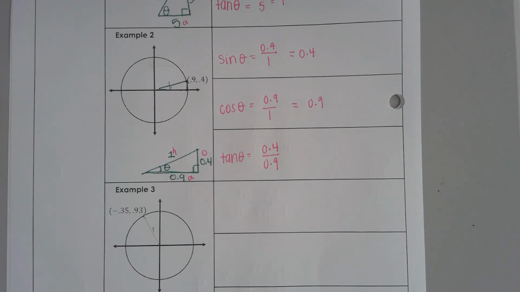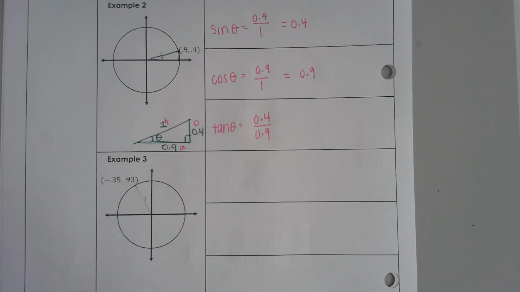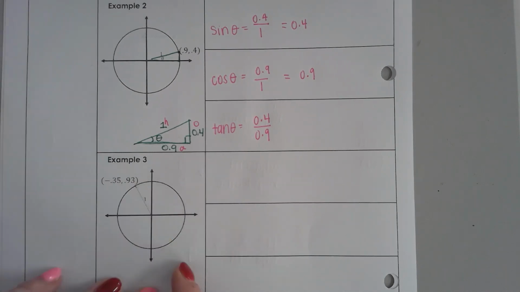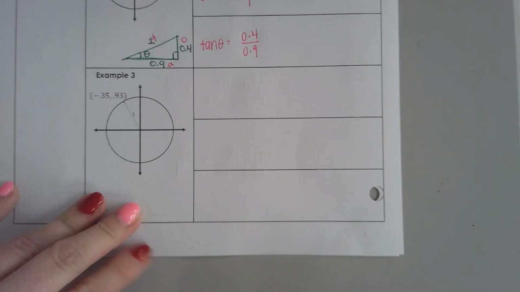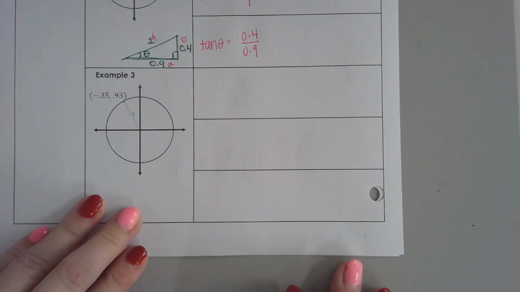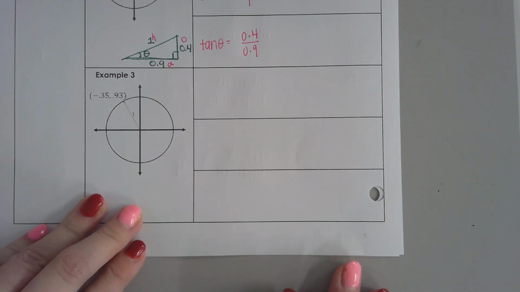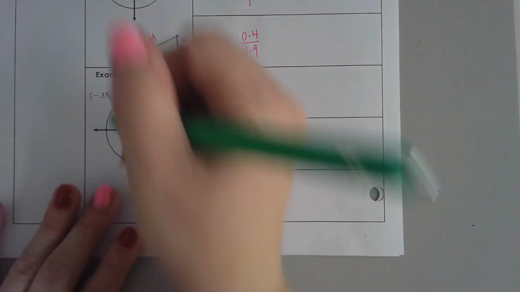Any questions on those? All right, now last one, this one's a little tricky because the terminal ray is over here on the left side, so we have some negative numbers. And normally when we have a triangle, we would not have a negative side length. But we're going to see when we get into trig, we are going to have some negative numbers.